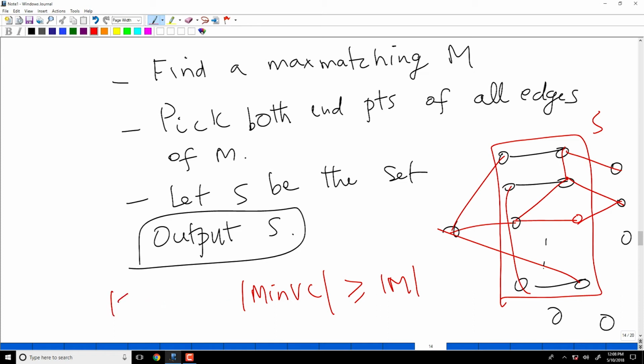The size of S is simply 2 times. So from here it should be clear that the cardinality of S is at most 2 times the min vertex cover.